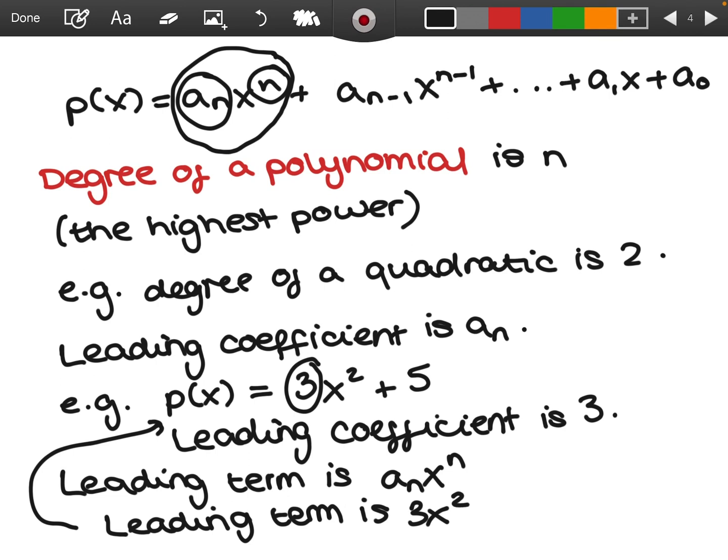It's the leading coefficient and x to that highest power. So it's that whole a_n x to the n term. I'll do a couple quick examples here where we look at degrees, leading coefficients, leading terms. I'll do a simple example and then I'll do something that's slightly more complicated that you may come across.